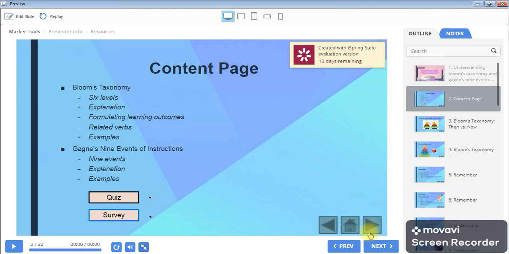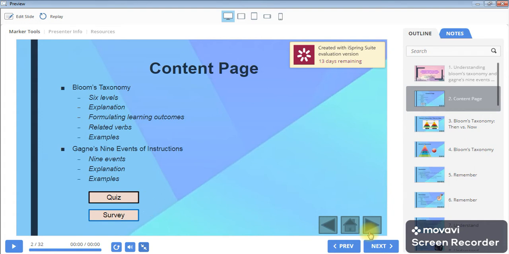It is divided into 4 parts. The first part is Bloom's taxonomy and the second part is Gagne's 9 events of instruction. In Bloom's taxonomy, we are going to discuss 6 levels, some explanation and how to formulate learning outcomes, and also we will be including some related verbs and examples.